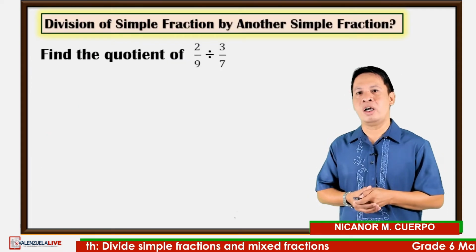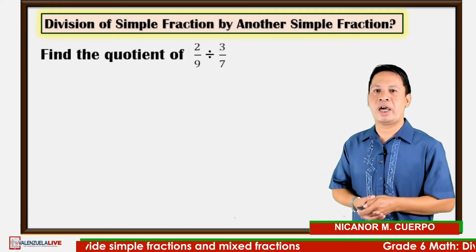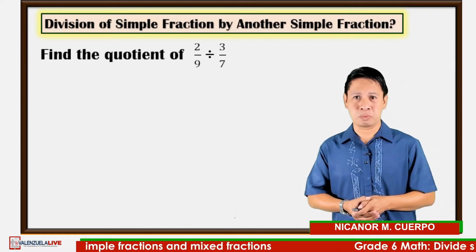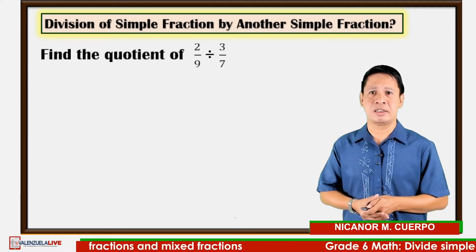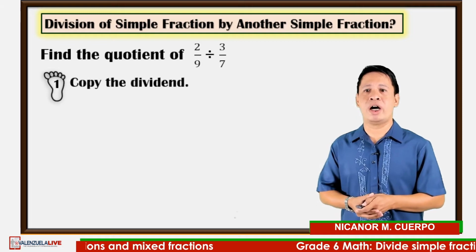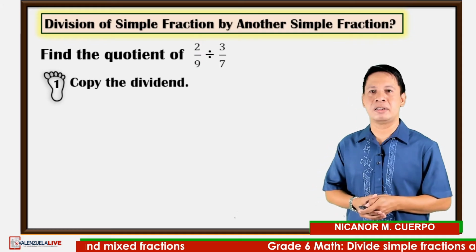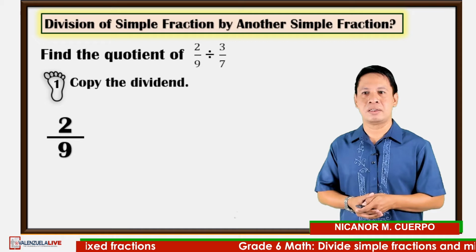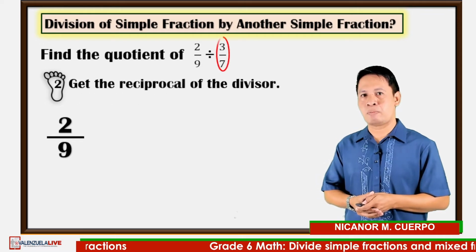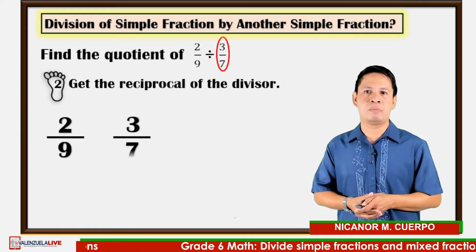Okay, now let's have another problem. Find the quotient of 2/9 divided by 3/7. Step 1, copy the dividend. Step 2, get the reciprocal of the divisor.